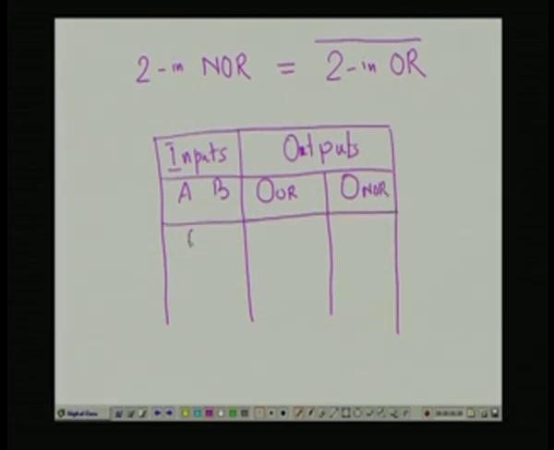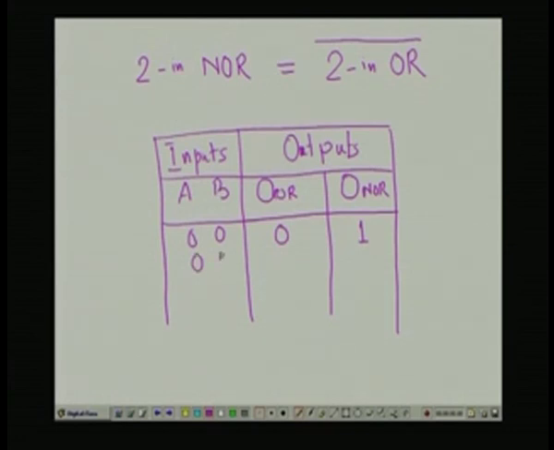Again you take those two values. If it is 0 0, the output for OR is 0. Now it is complemented or inverted, so the NOR will be 1.